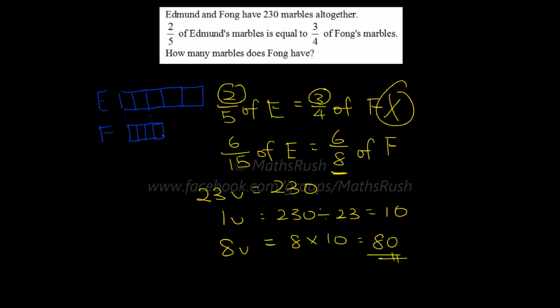Concentrating on these 2 big units here and 3 units below for Fong, we need to make them the same, which means that for Edmund's units I need to cut them into 3 units each, while for Fong I need to cut into 2. So let's cut, and you'll see how tedious this is for most students, because they are rather skeptical about drawing the model too big. This is the problem they face.